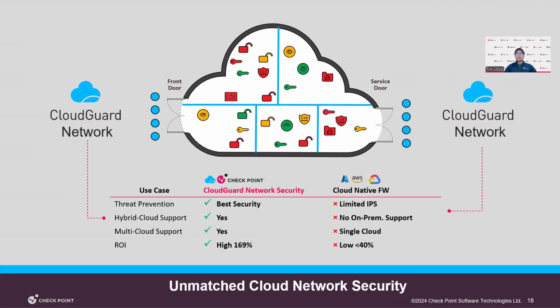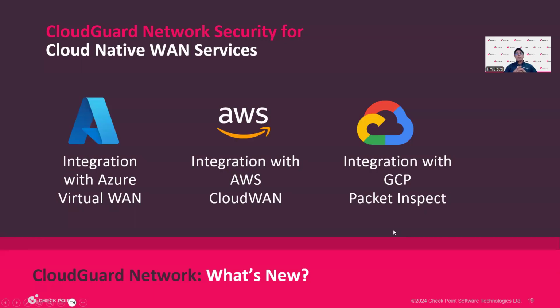But at the end of the day, CloudGuard Network is based on our Quantum Gaia OS and our full portfolio of Checkpoint software blade technology for advanced threat protection and threat prevention, right? You're not going to get hardly any of that with the cloud native tool set. That's a huge difference, right?